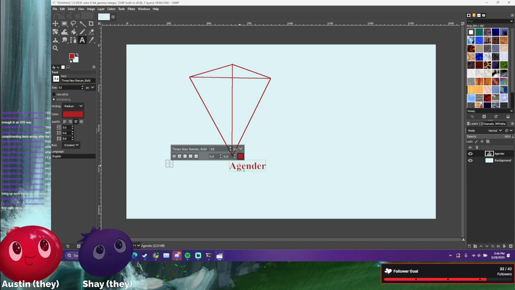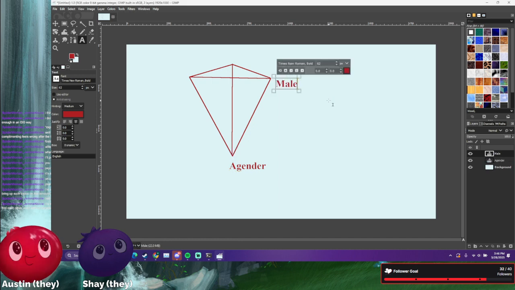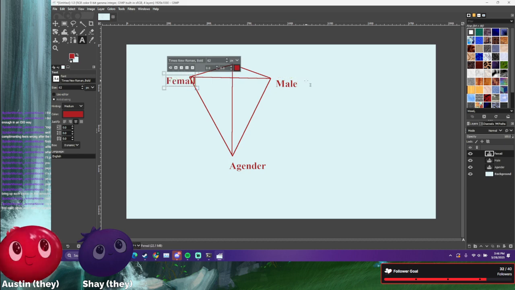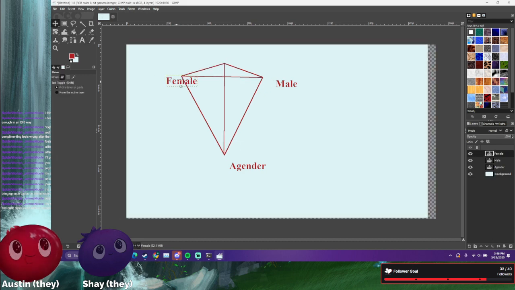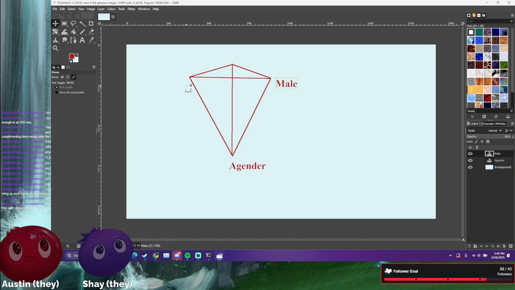The closer you are to the bottom of this pyramid, the less gender you have. Over here, we maybe have male. Over here, we'd have female. Well, actually, that's bad.